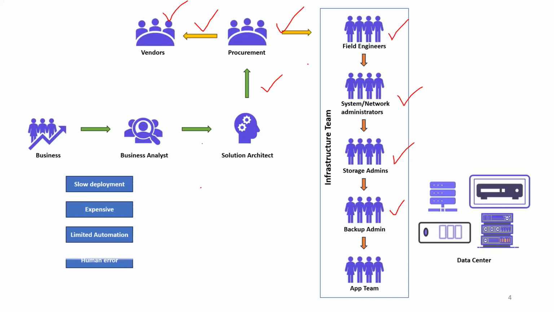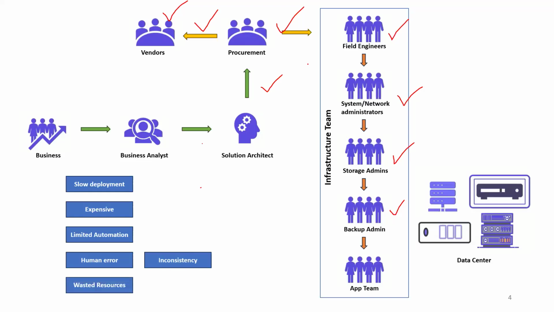And with so many teams working on so many different tasks, the chances of human error are very high. You are seeing that many teams are working behind the scenes. The chances of human error are high, which results in inconsistency in the environment.